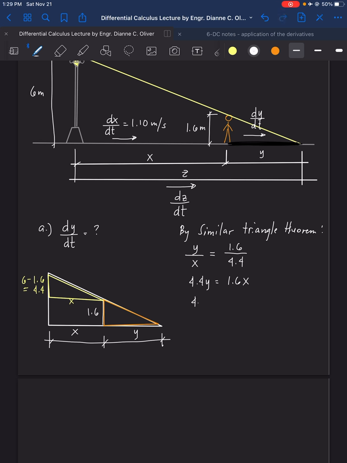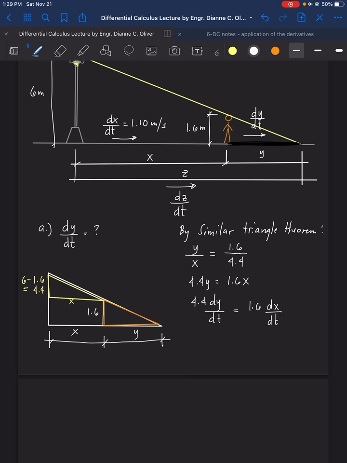This is 4.4 dy over dx. That is equal to 1.6 dx over, it should be dt. Okay, so dy over dt. And this is dx over dt.